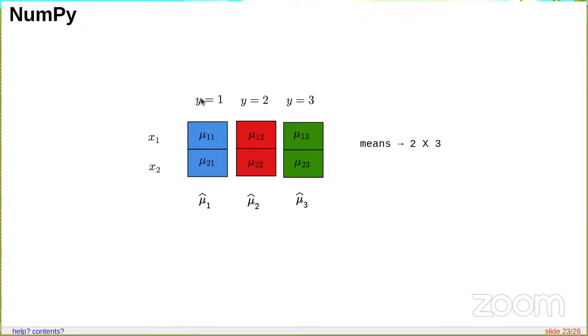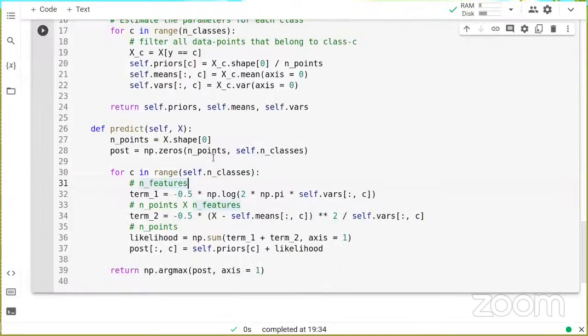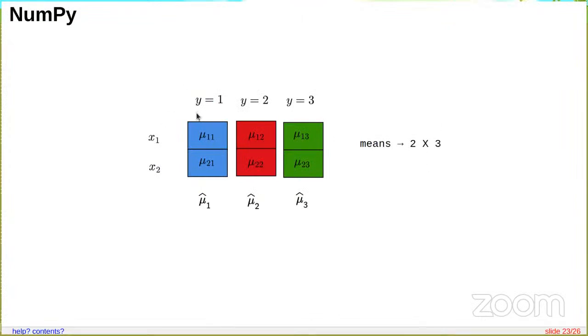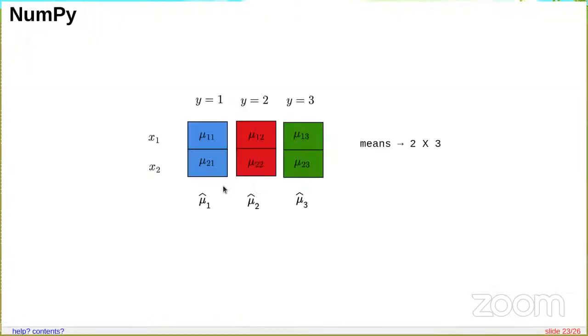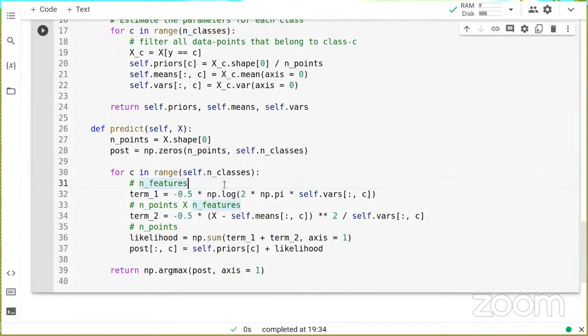Yes, so that variance matrix is one column of the variance. Mean and variance matrix have the same size, right? Correct. This is one because we're looking at C alone, so we are looking at one column. So this will have dimensions n features. Okay, I think this is clear.